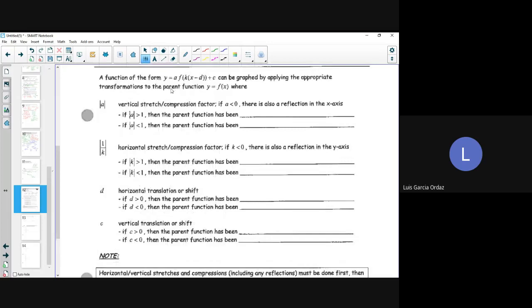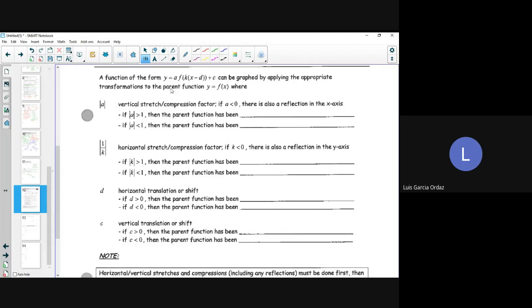The function can be transformed in the form of y is equal to a f of k times (x minus d) plus c, and can be graphed by applying the appropriate transformations to the parent function y equals f of x, where a is the vertical stretch or compression factor. If a is less than 0, there is also a reflection in the x-axis, okay?